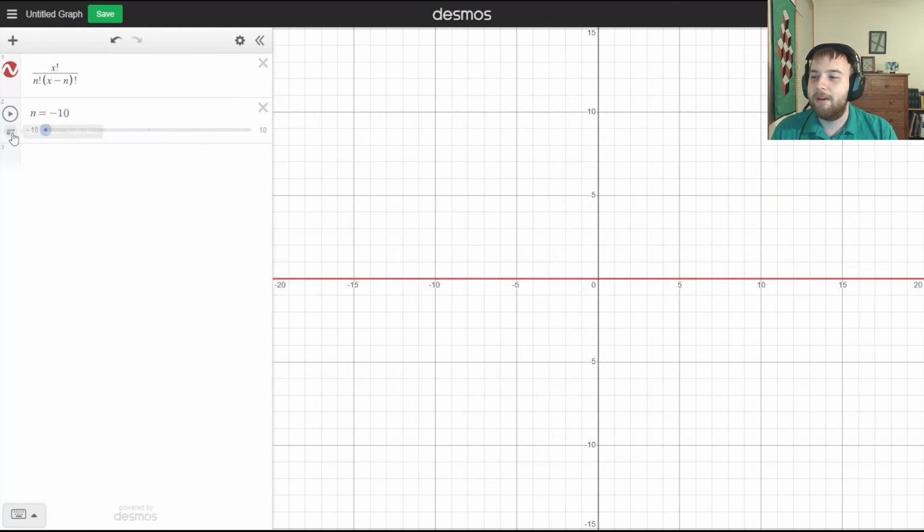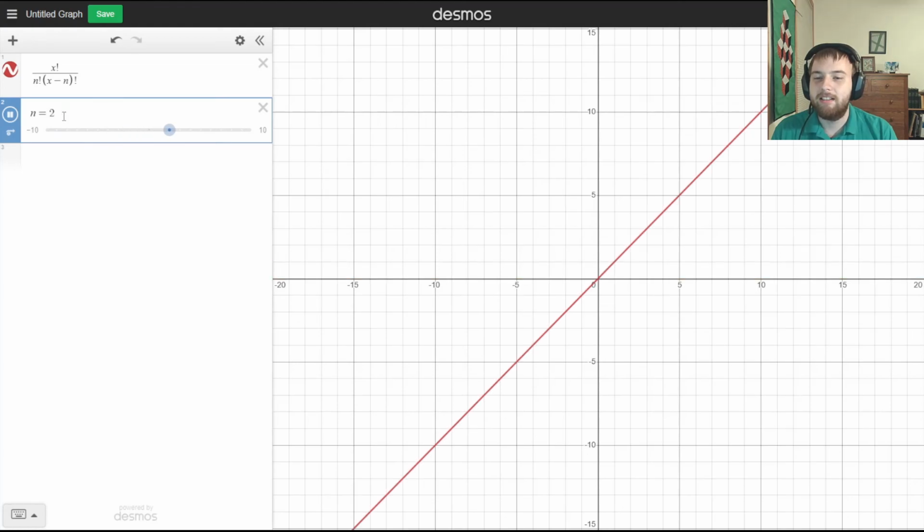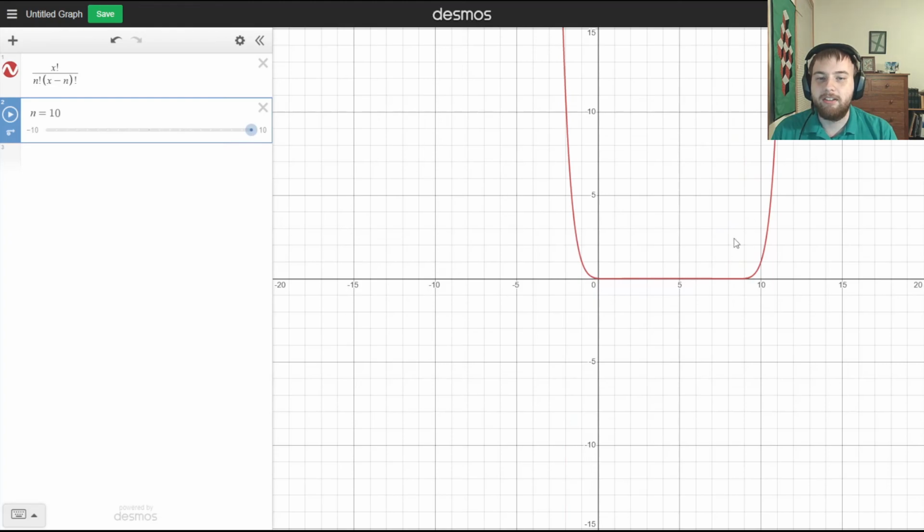Let's take a look at the animation though, because I enjoy this. This is counting up from -10. You can see it's getting pushed further to the right, and it's also getting steeper. Let's look at this animation again, but with non-integer values for n.